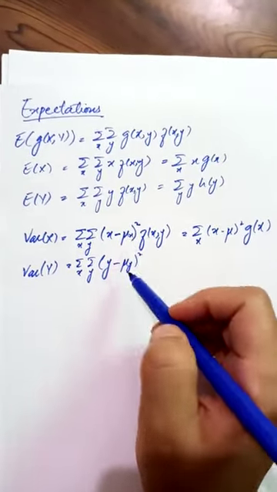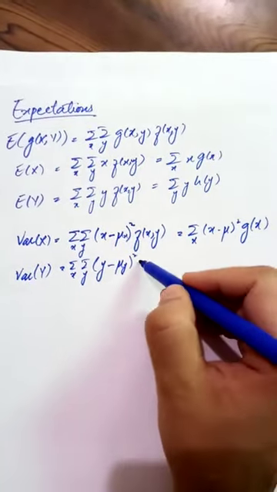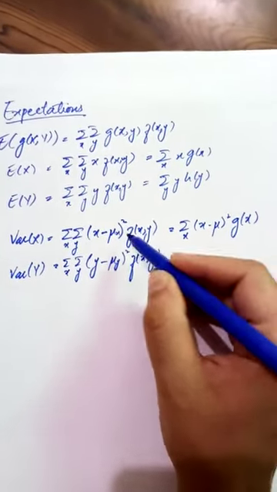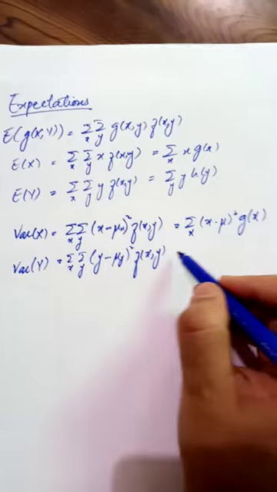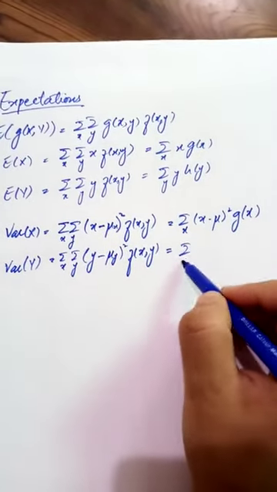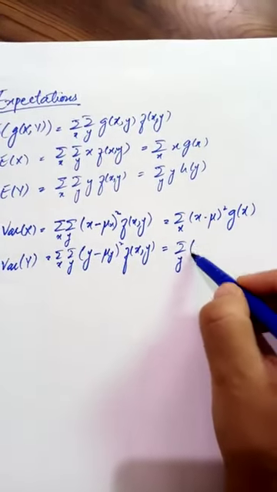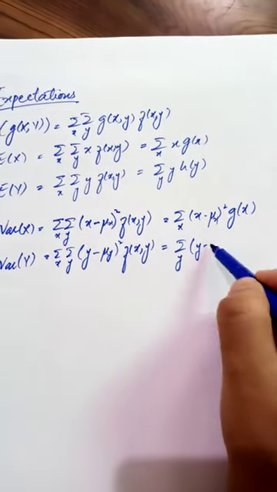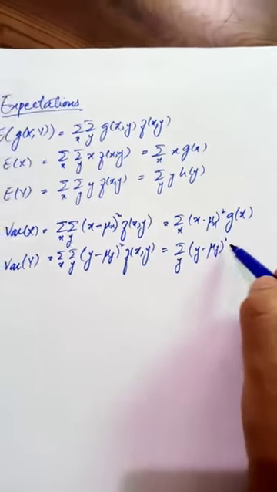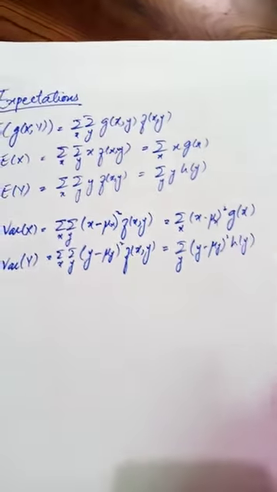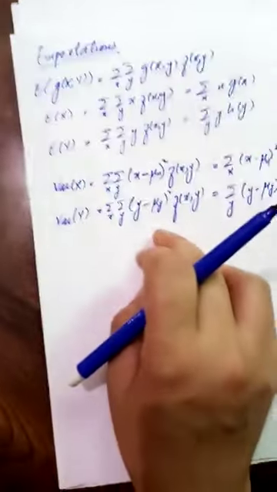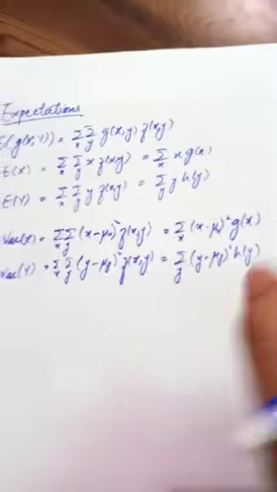We will use subscripts to differentiate the two means. This is the mean of x and this is the mean of y. We can write it simply as the summation of (y minus mu of y) square into h of y. So from the joint density, we can use this formula, and for the marginal, we can use this formula.